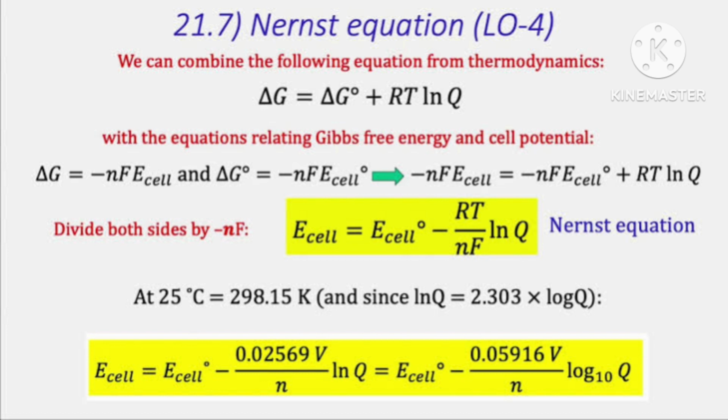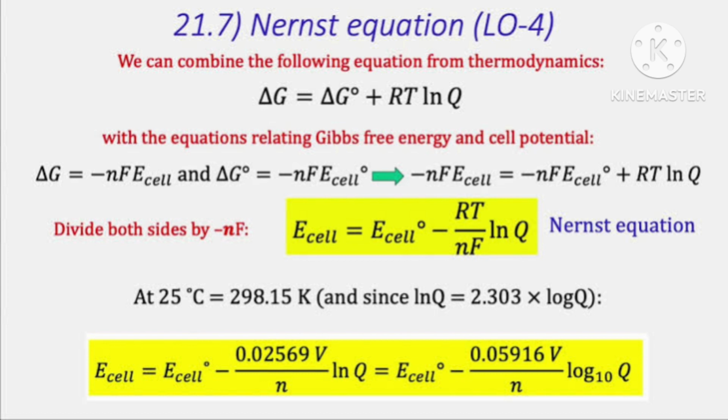This is the equilibrium, the chemical reaction in the Daniell cell. Zn plus cupric ion gives the product Zn ion plus copper metal.